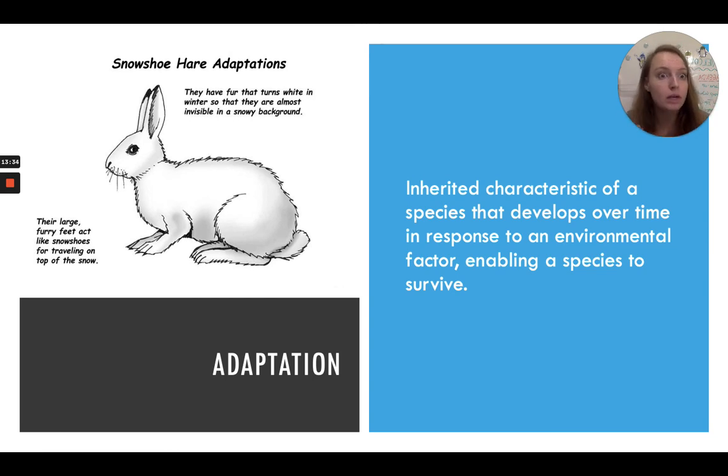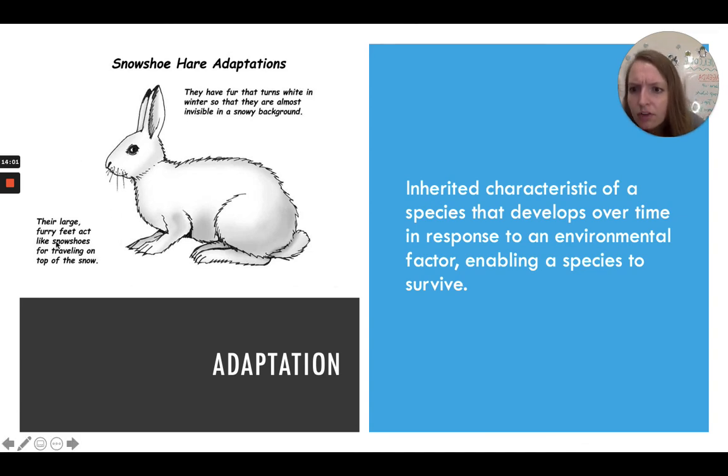So this is a really great adaptation or trait because they blend into the snowy background. Hares that don't have this trait, that just stay brown year-round, that's going to be easy lunch for any predators roaming around in the Arctic. And so this is an adaptation. It's a trait. It's advantageous, and it's being passed on so that members of the species have it.